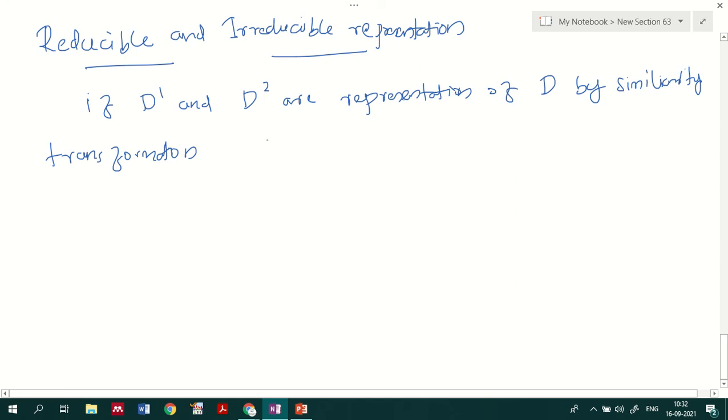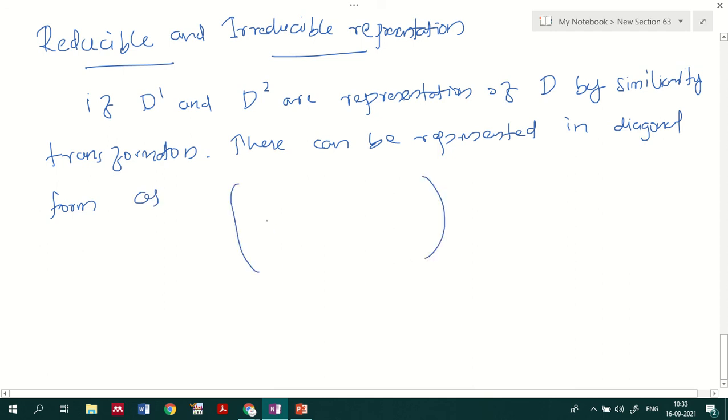This can be represented in diagonal form like this.